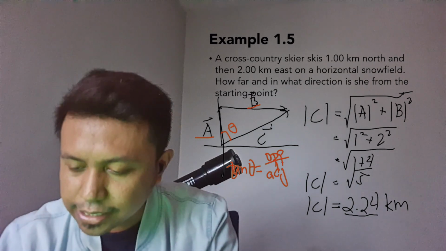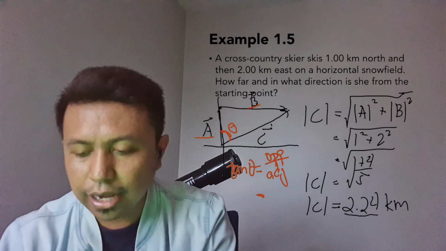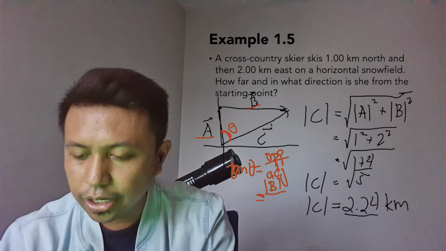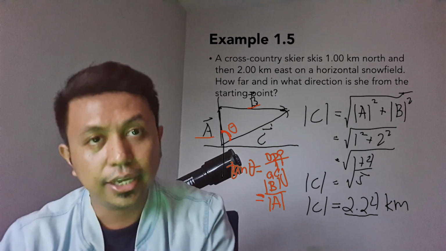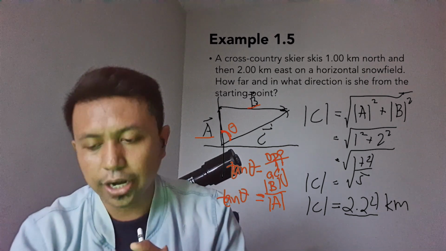So look at this angle. What's opposite of the angle? The opposite of the angle is the magnitude of B, and the adjacent to the angle is the magnitude of A. So tangent theta is equal to B over A.